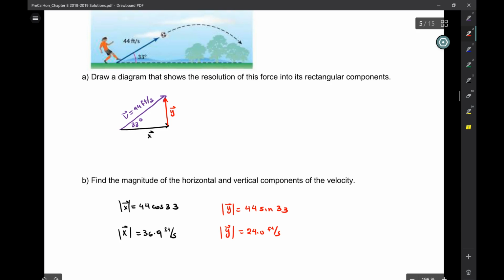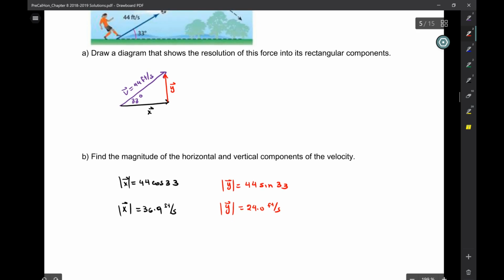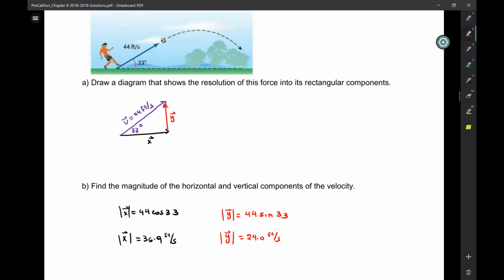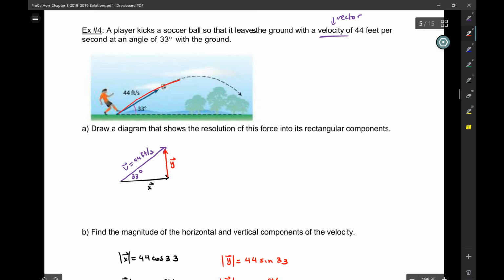Okay, so now what does this all mean? When this person kicks, you see how the soccer ball goes in this direction. It doesn't go straight up and it doesn't go straight across. That means at each point it's going up a little bit and over a little bit, up a little bit, over a little bit.